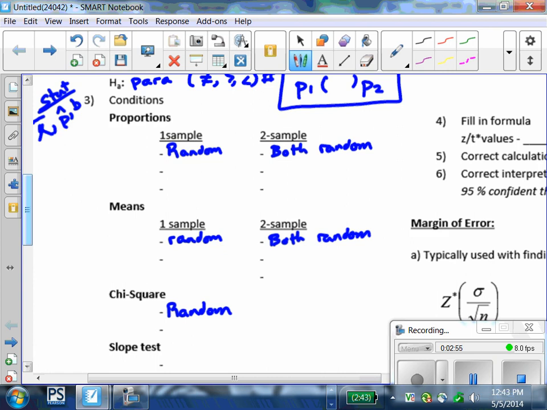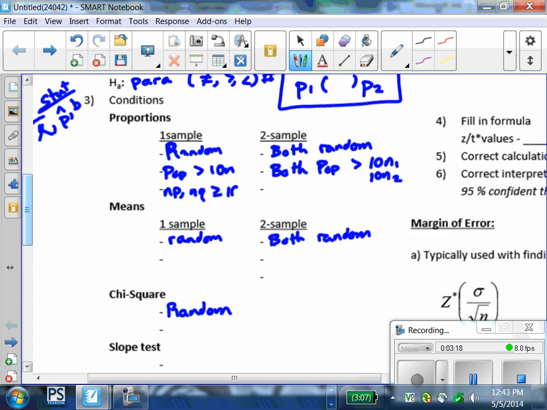for one sample, we need the population to be bigger than 10 times your sample size. And here it's both populations greater than 10 times n1, 10 times n2. Then we have np and nq greater than or equal to 10.